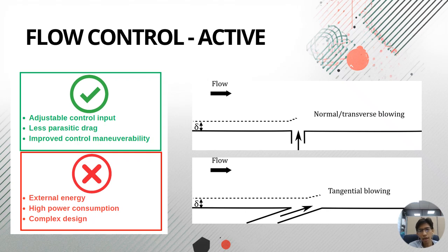However, it requires external energy. The power consumption for active flow control is quite high, and the design is quite complex with the tube, the wiring, and everything else, which also gives heavier weight than passive flow control.